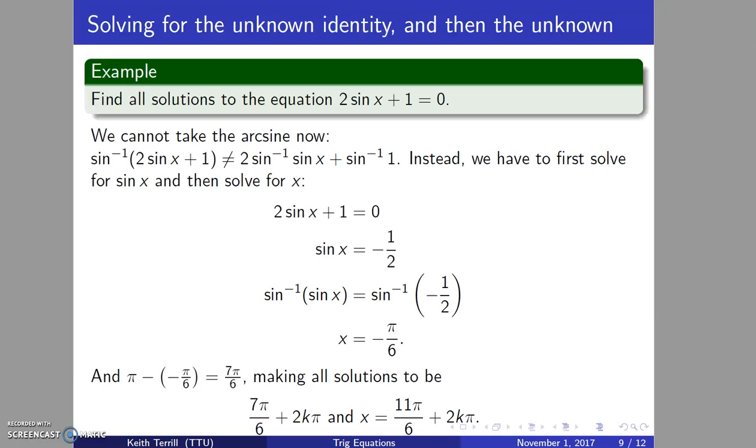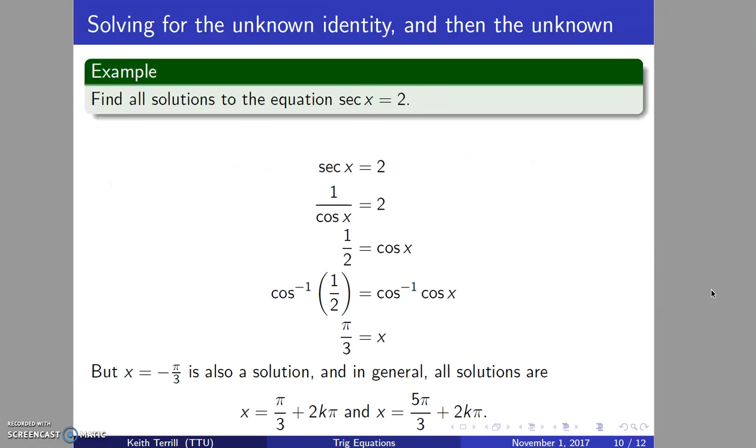Right, the 7 pi over 6 came from our alternate form, and the 11 pi over 6 came about because that's coterminal with negative pi over 6, and I just felt like stylistically I wanted to do that. Not that I had to, but I could. You could just as well have said x had got to be negative pi over 6 plus 2k pi. That's also true. Alright, so far so good.